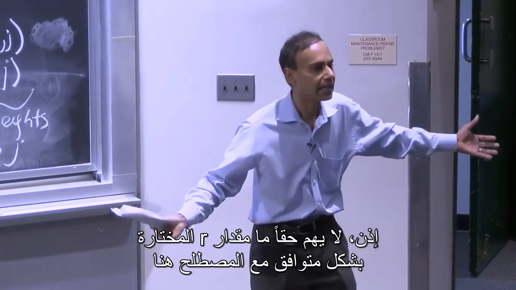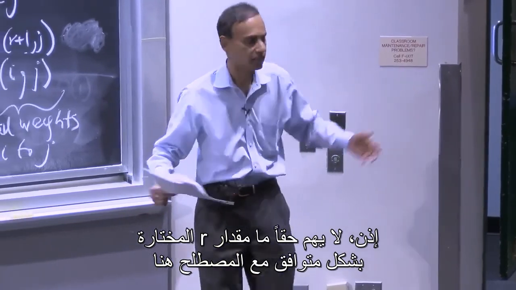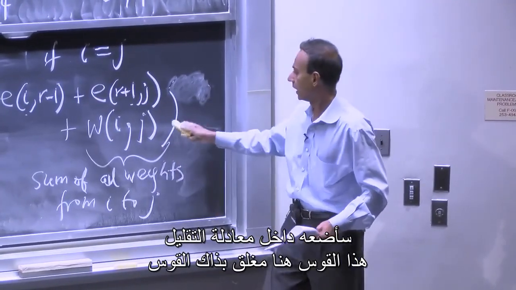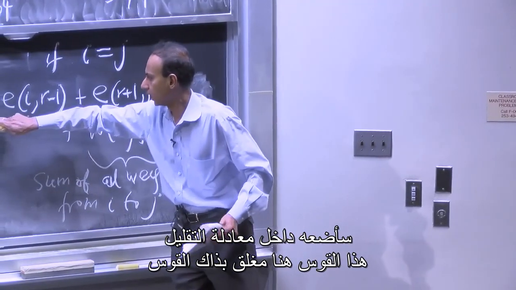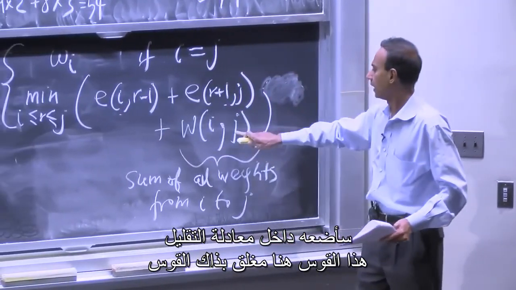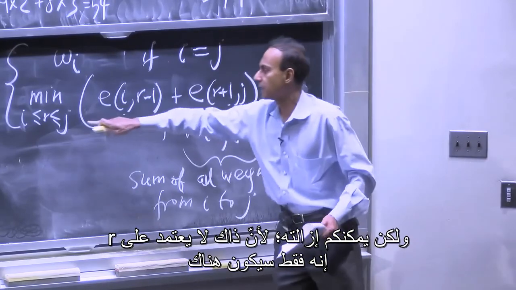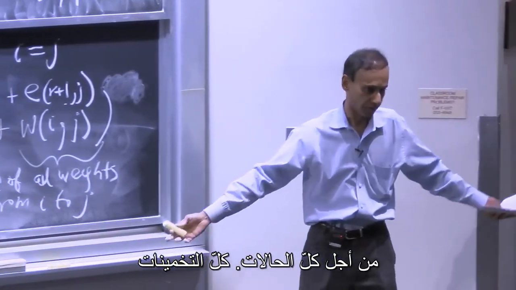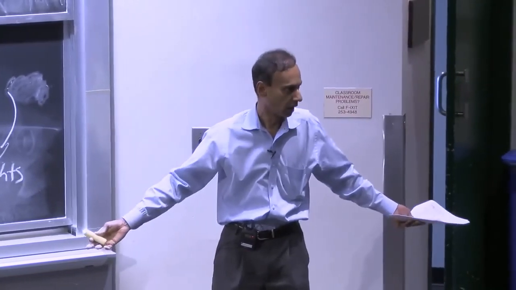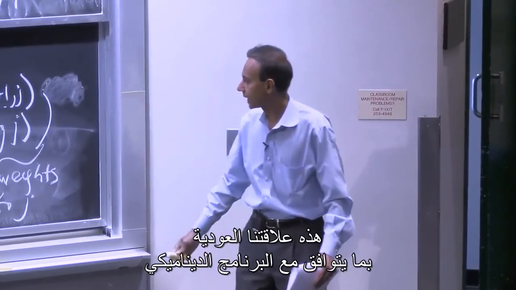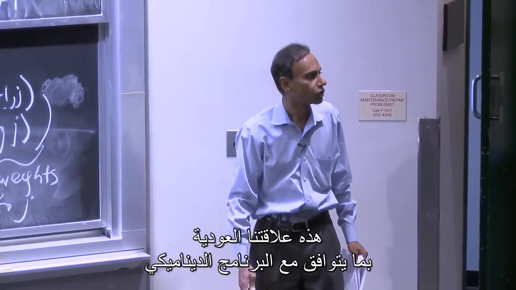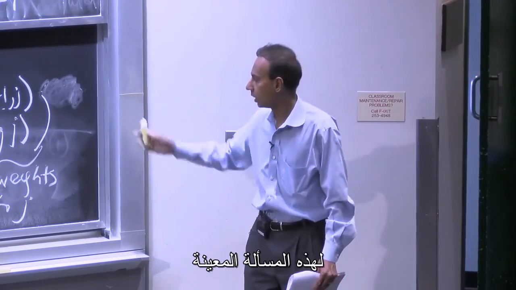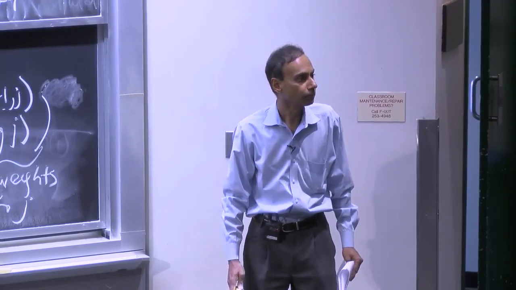So it doesn't really matter what the r selection is corresponding to this term here, though I will put it inside the minimization. You can pull that out because that doesn't depend on r, right? It's just going to be there for all of the cases, all of the guesses, all right? So that's it. That's our recurrence relationship corresponding to the DP for this particular problem.